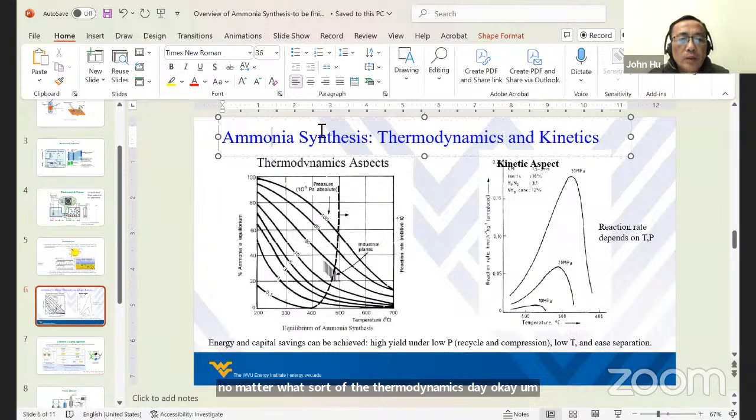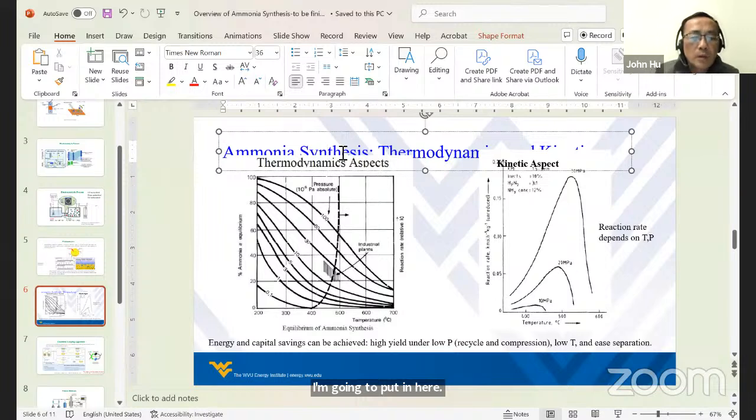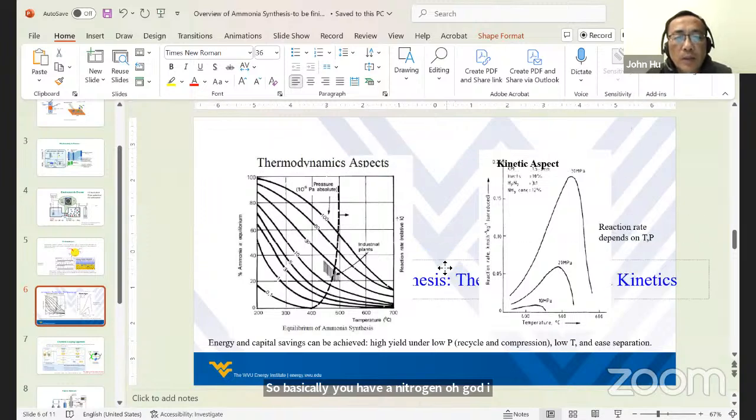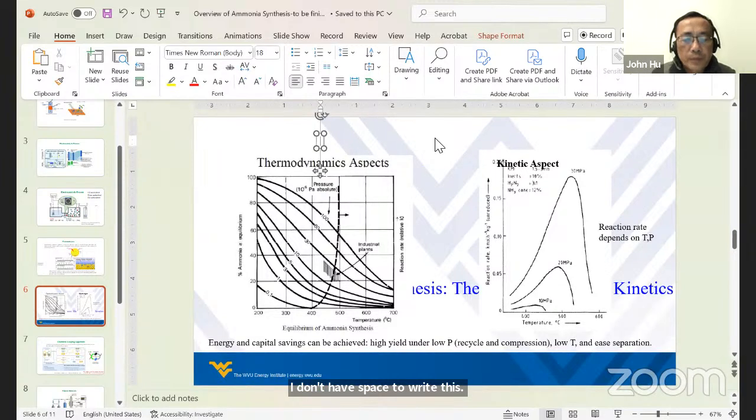I'm going to put it in here. So basically, you have nitrogen. Oh God, I don't have space to write this. Let me write it down here. You have nitrogen plus hydrogen making ammonia, all right?